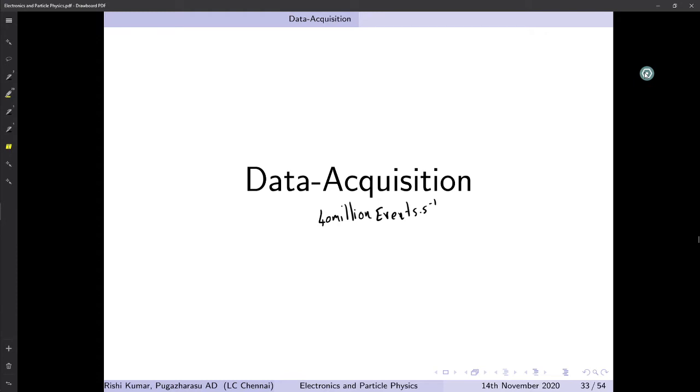The crate controller is connected directly to the host, and usually there's something called a VAX. Let me write this down. Actually, so you had a CAMAC, which went to a VAX, which is a digital crate control.